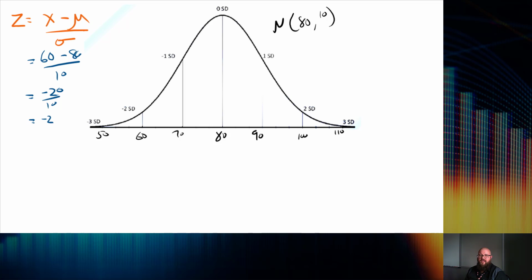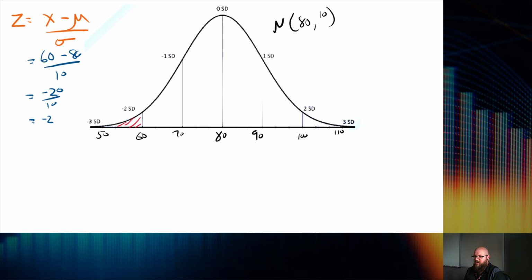All right. So if we were to do that, and we're wanting to say, what is the percent of students that scored lower than that 60, that person that scored a 60, we would want to, first off, shade the area under the curve to the left of that score of 60, that -2 standard deviations.